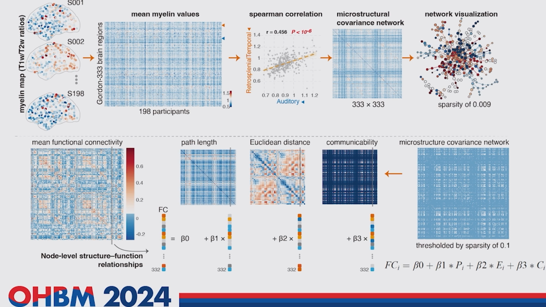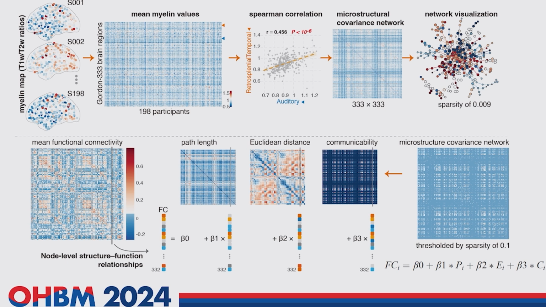This network is at the group level, and we threshold it to keep just the top 10% of edges. Subsequently, we calculate the path length, Euclidean distance, and the communicability, and apply a regression model to predict the nodes' functional connectivity.